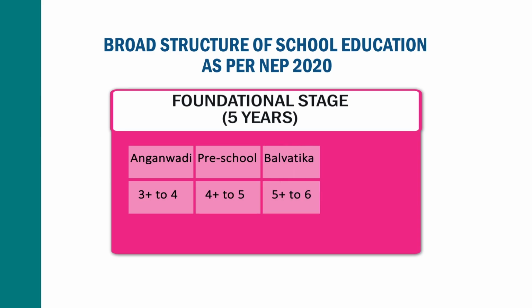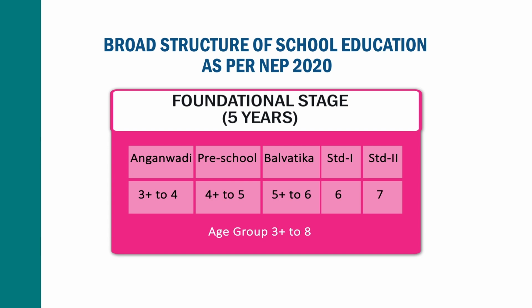It will start at the age group of 3 plus, that is 3 plus to 4. And further the second year, that's called the preschool, and it starts at 4 plus to 5 so far as the age group is concerned.